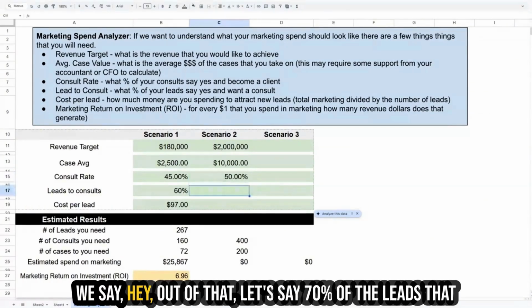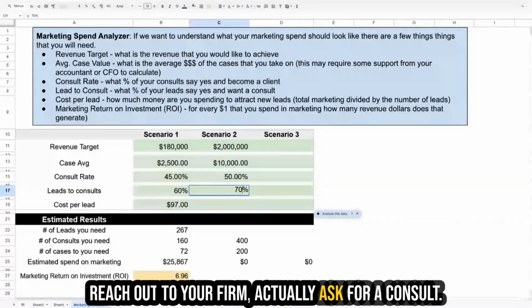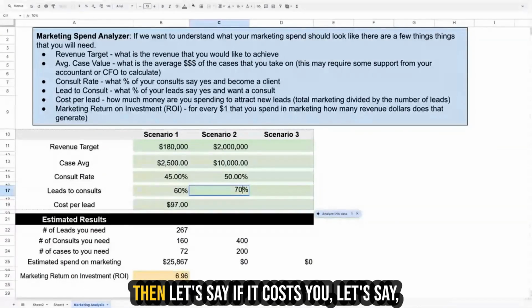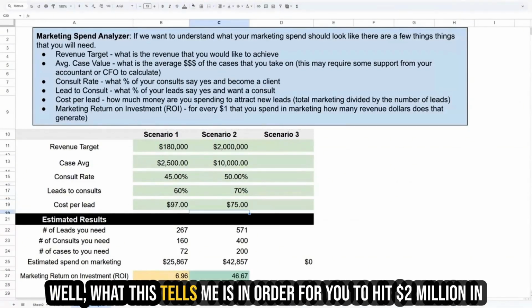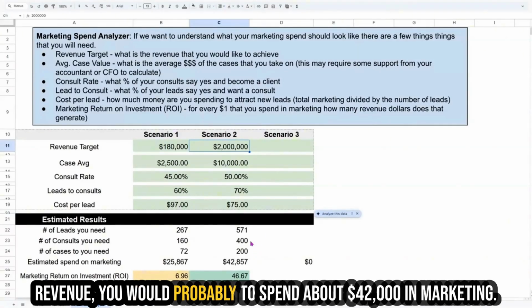And out of the leads that reach out to your firm, let's say 70% actually ask for a consult. And then let's say it costs you maybe $75 to actually get the leads. Well, what this tells me is, in order for you to hit $2 million in revenue, you would probably need to spend about $42,000 in marketing.